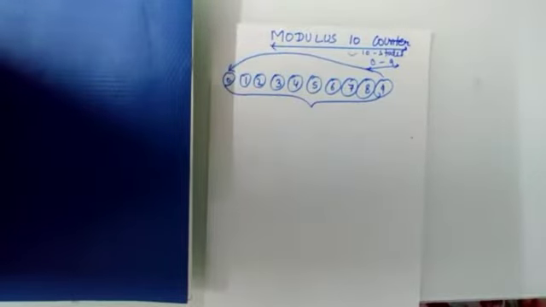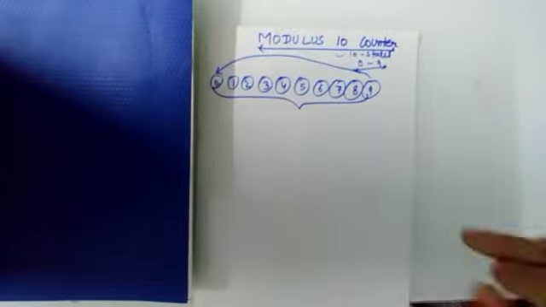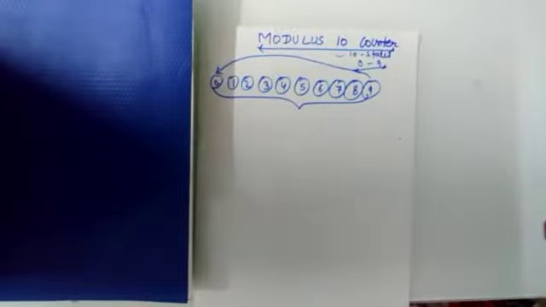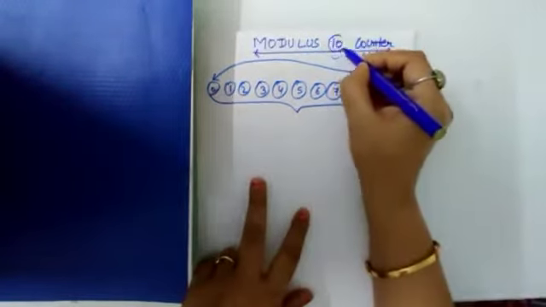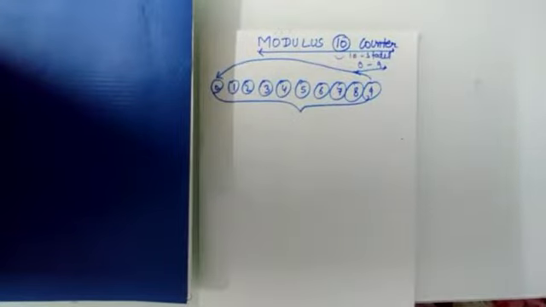First of all, we have to decide how many bits there should be in the counter. It could be a 2-bit counter, a 3-bit counter, or a 4-bit counter. We have to take a mod 10 counter, so can we take only a 2-bit counter?